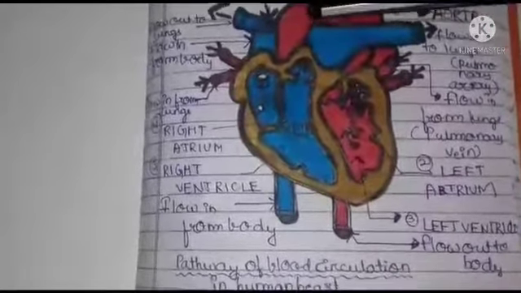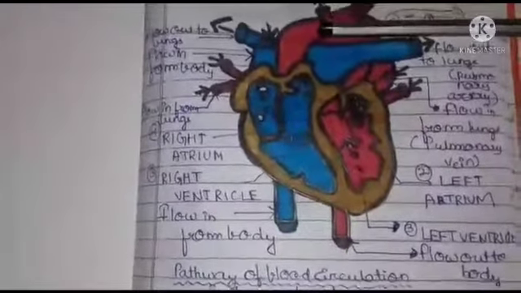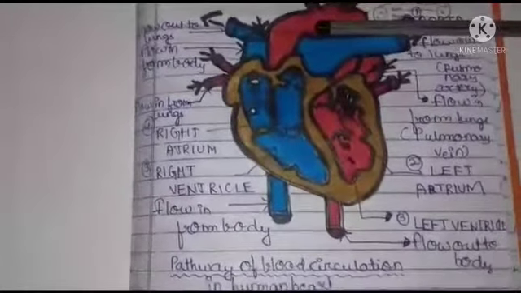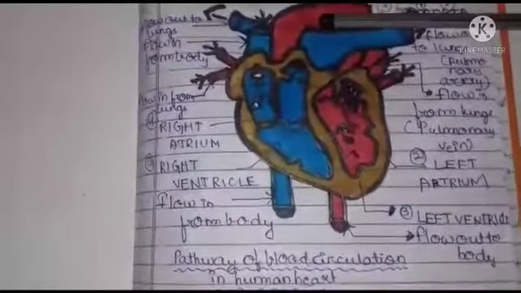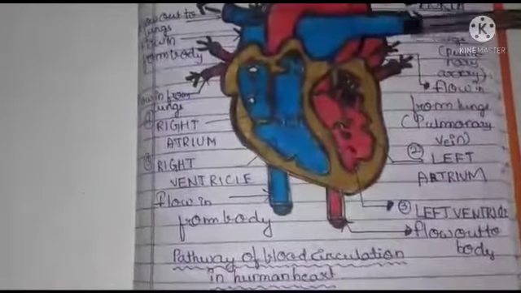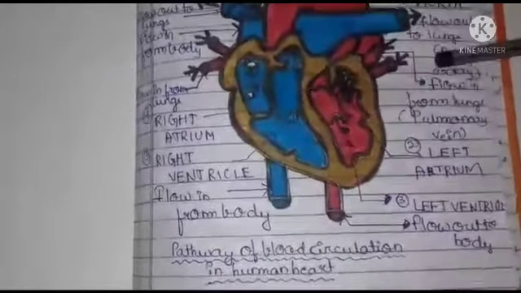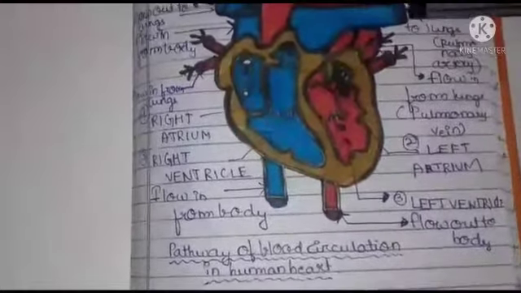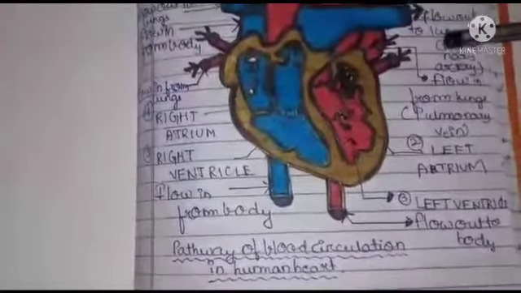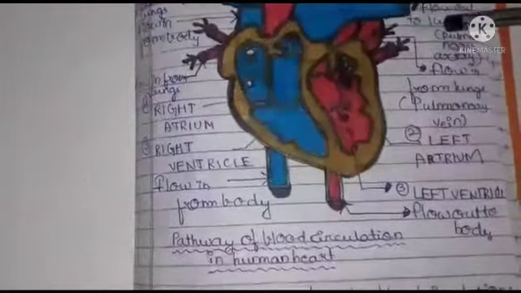This part is called your aorta, and it helps in transfer of oxygenated blood from heart to all the other parts of our body. And through this structure, which is called your left pulmonary artery, the blood flows out to lungs. Remember, pulmonary artery is the only artery which carries the deoxygenated blood.